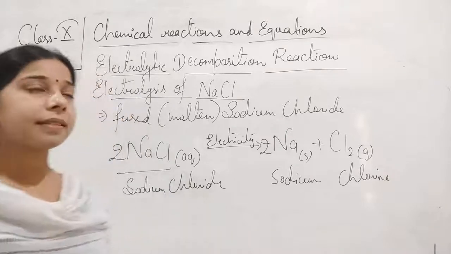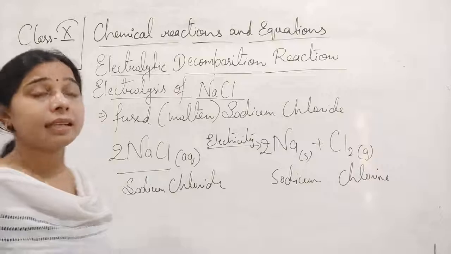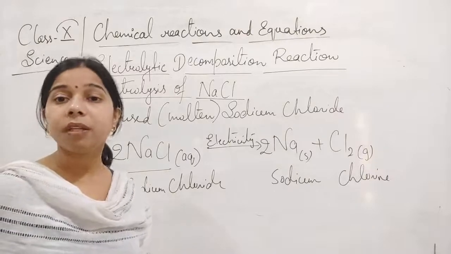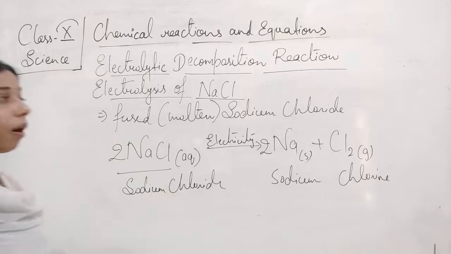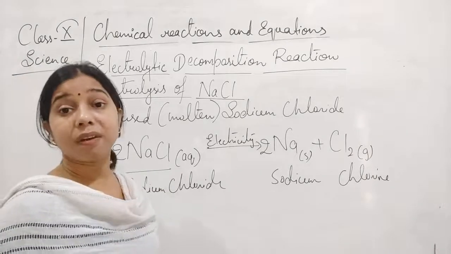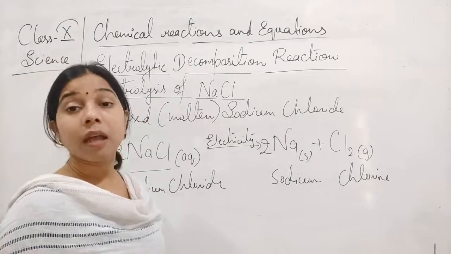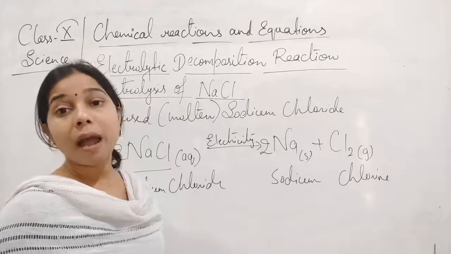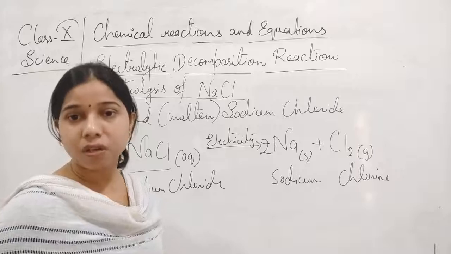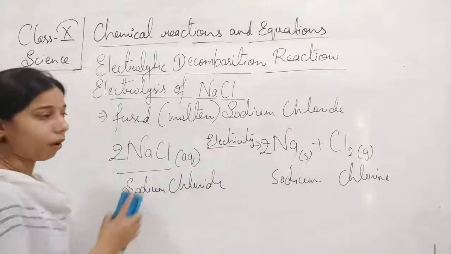There is another example also, students, and that is an example of aluminium oxide. If we take molten aluminium oxide or fused aluminium oxide, that will also undergo a decomposition reaction and form aluminium metal, and oxygen gas will be evolved.